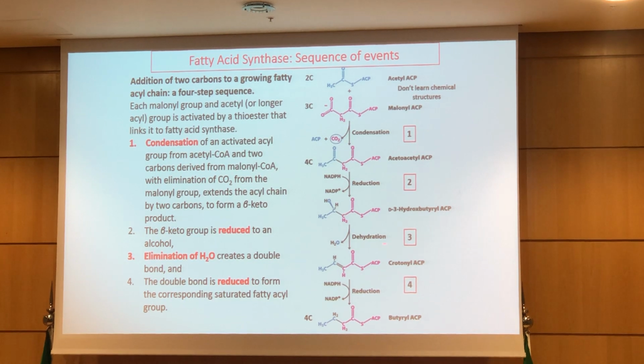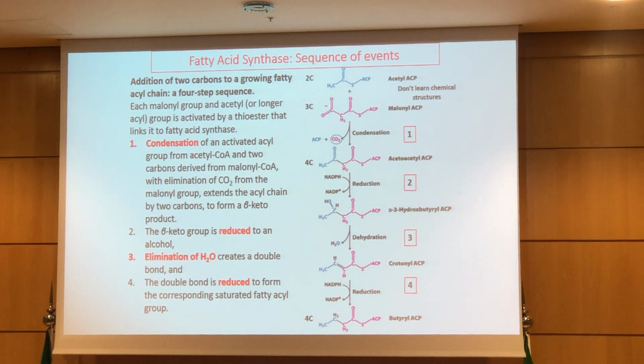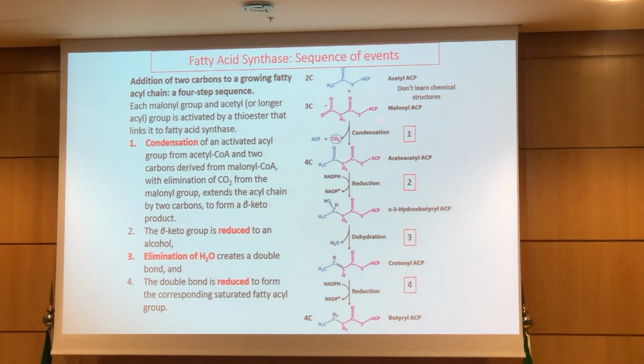Then I remove a molecule of water, a dehydration reaction. And again, I add another pair of electrons, a reduction reaction. And I end up with a four carbon chain, which I will then take all the way back up to this blue position.